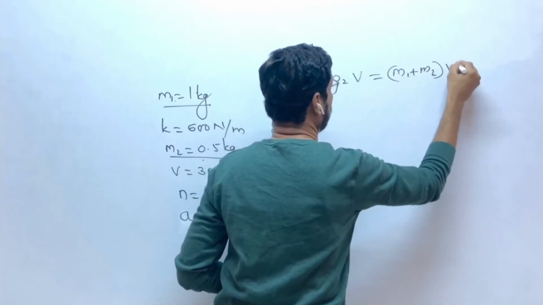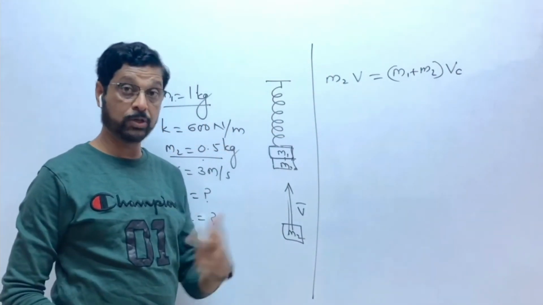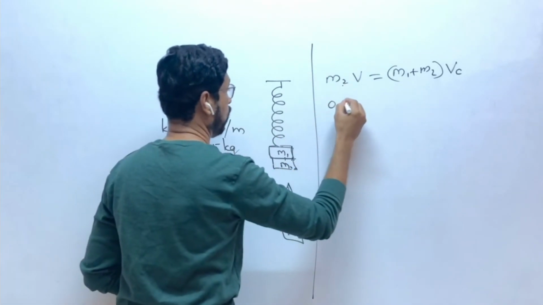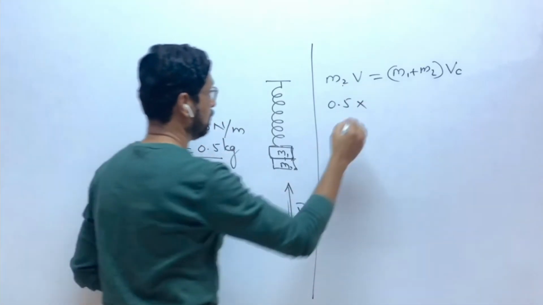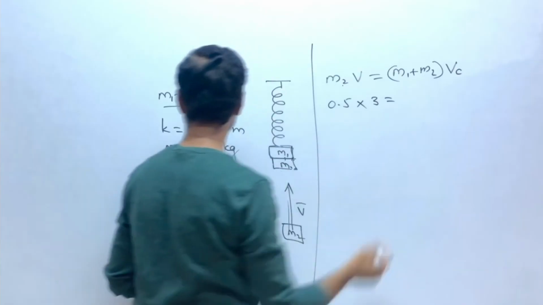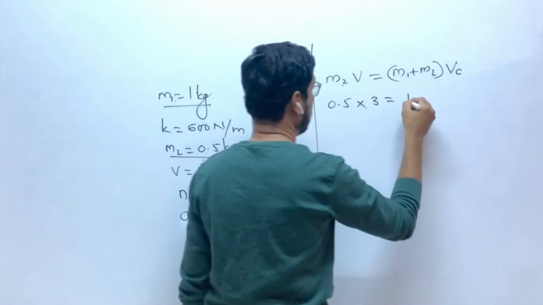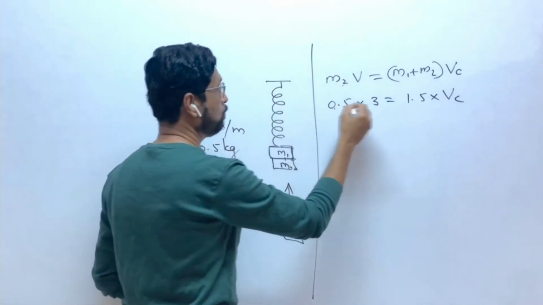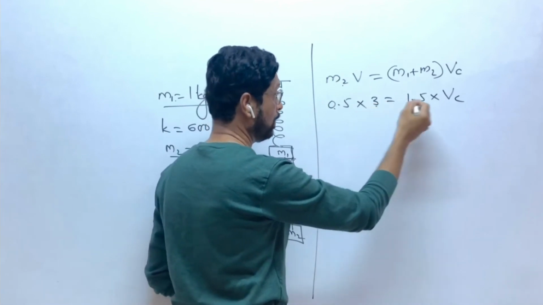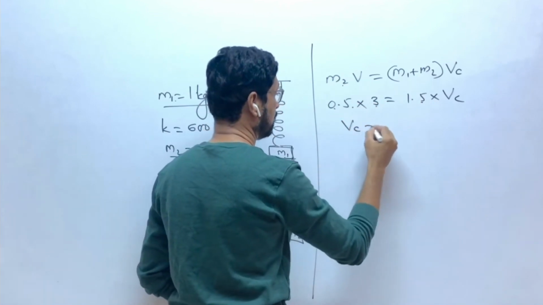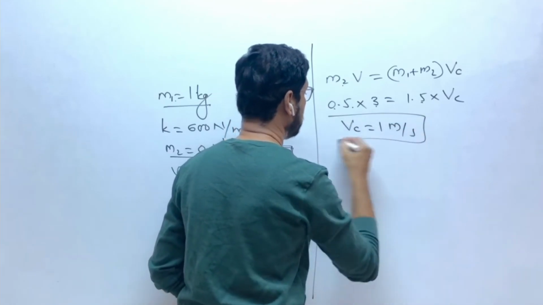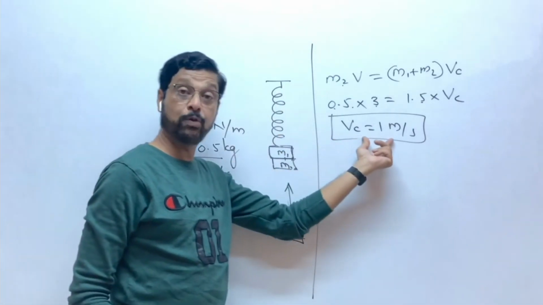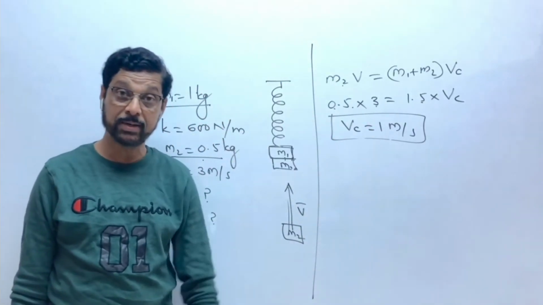Using this, M2 is 0.5, velocity is 3, equal to M1 plus M2, that is 1.5, into the combined velocity. 0.5 into 3 is 1.5. So 1.5, 1.5 gets cancelled. The combined velocity is 1 meter per second. So when the second body strikes it, the combined velocity of the two bodies is 1 meter per second.